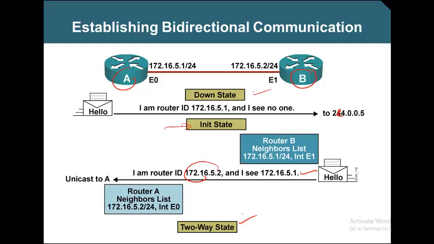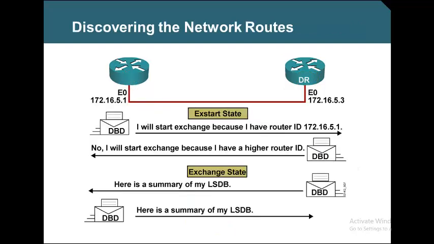I know B, B knows A. After two-way state, they want to exchange what? They want to exchange the DBD, which is the summary of the LSDB. But to do the exchange, they need to decide who will initiate this exchange. Who will start the exchange?